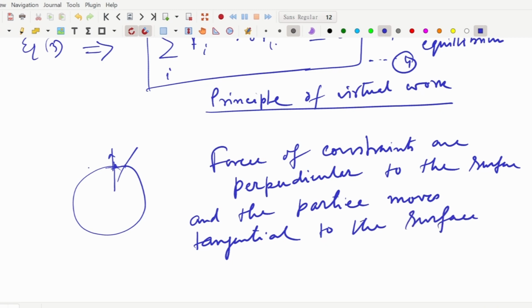So the particle motion is tangential, and the force is in the perpendicular direction.